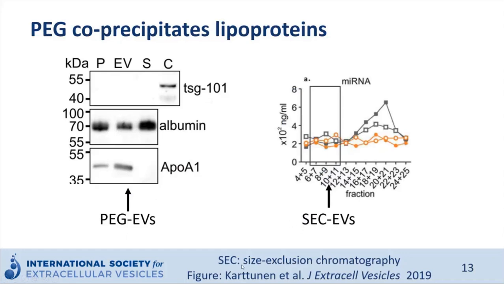Another example is size exclusion chromatography. As you see, it usually fractionates a sample into typically 26 fractions, and the EVs are highly enriched in the 6th to 11th fractions.